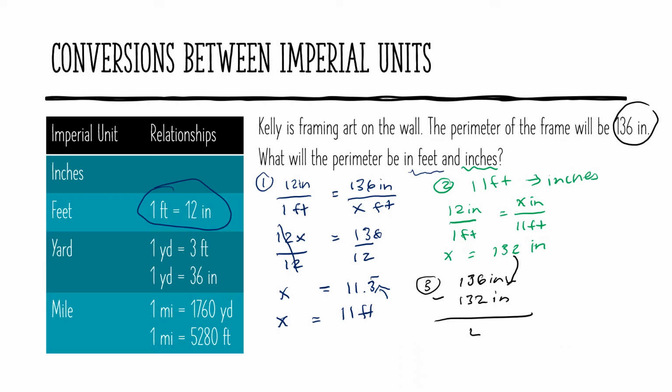That gives us 4 inches in remainder. Okay, so now we know as a final solution that we have 11 whole feet and 4 inches remaining.